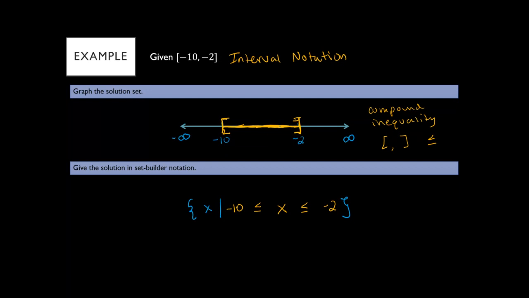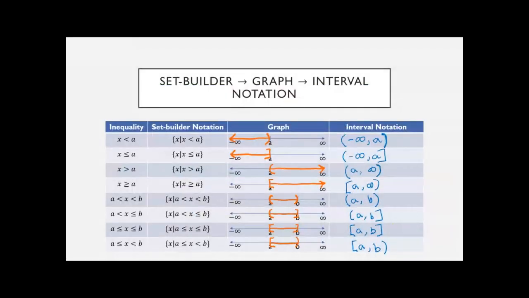So if we go back to the chart, it's a lot easier to just go to the chart here. This is the graph that we had. This is what we were given, something in with brackets on either side and two numbers, -10, -2. So those are your A and your B. So it'd just be a lot easier to go back to your chart here, and then you just replace your A and B with -10 and -2, and all the symbols are there for you, and you don't have to really do any thinking.